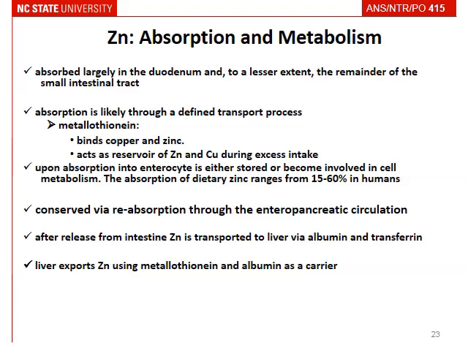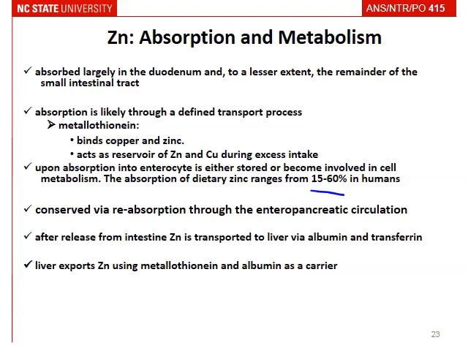So upon absorption, the enterocyte can either store it or it is involved in the cell metabolism. And similar with our magnesium, our zinc absorption is pretty low, so it ranges between 15 and 60%.